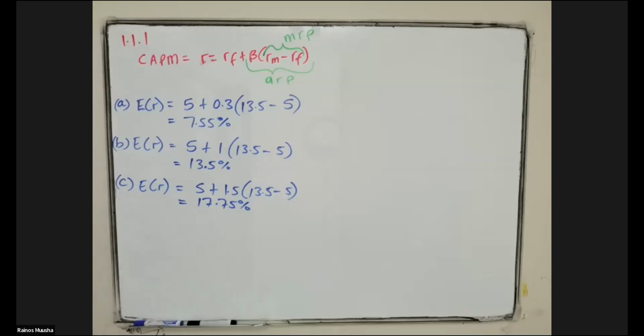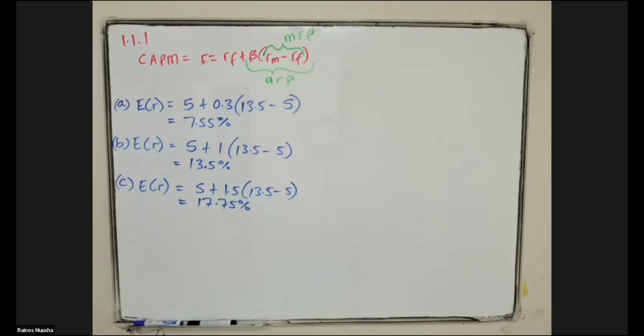Now, remember, they also ask us to calculate the expected return and indicate whether the investment has more or less systematic risk than the market portfolio for each of the respective betas, right? So by default, we know the beta of the market is always equal to 1. No matter what happens, the assumption is the beta of the market is equal to 1.